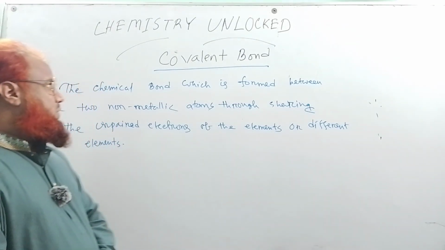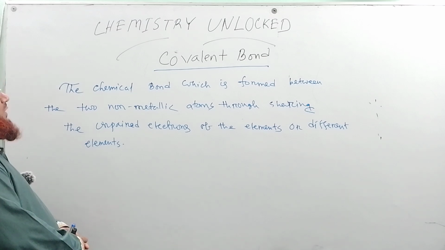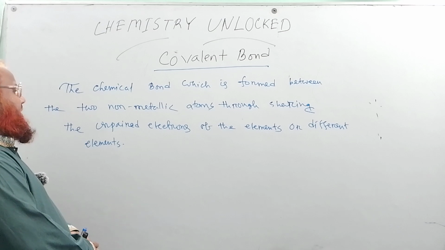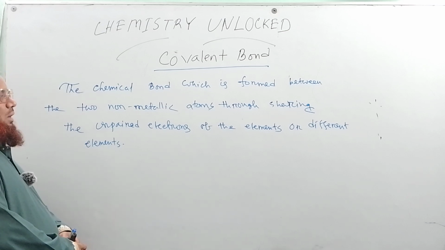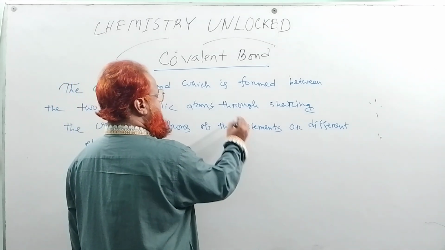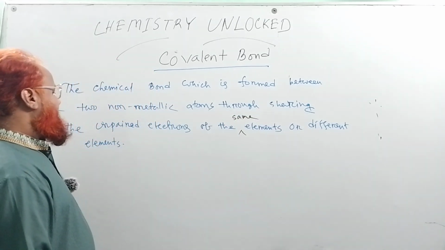Okay. So, a covalent bond is a chemical bond which is formed between two non-metallic atoms through sharing the unpaired electrons of the same elements or different elements.